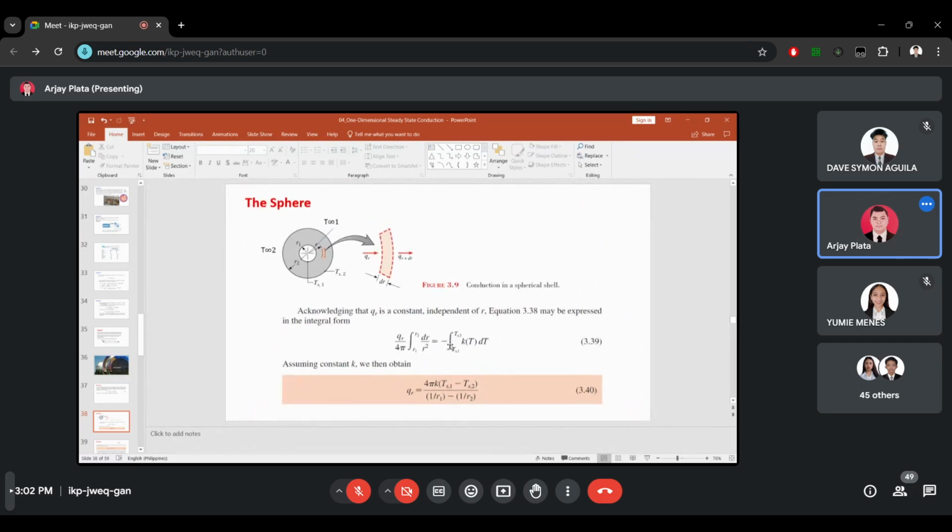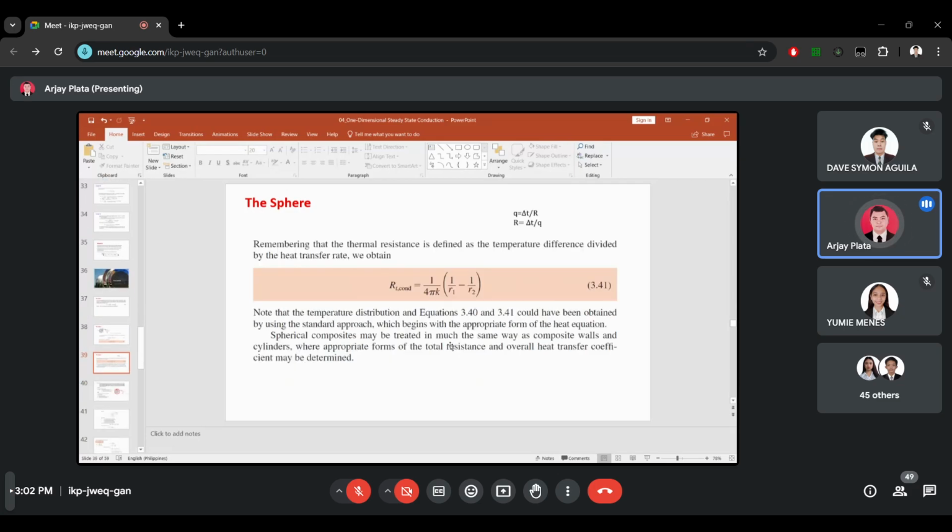For thermal resistance for conduction, we have this formula: 1 over 4 pi k multiplied by 1 over r1 minus 1 over r2.